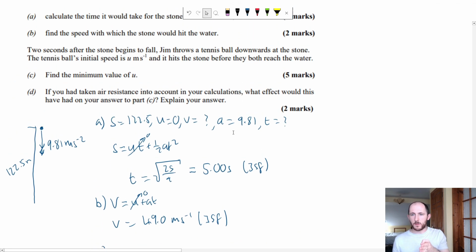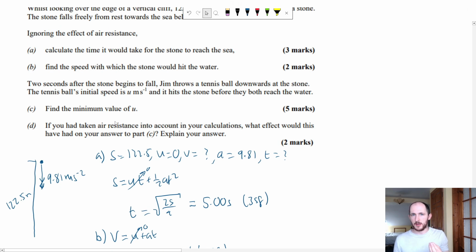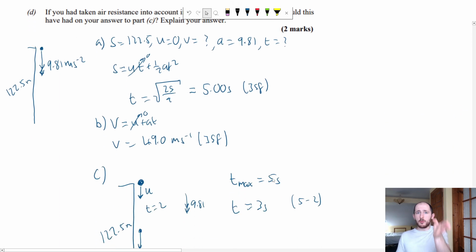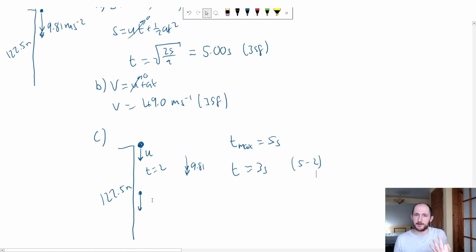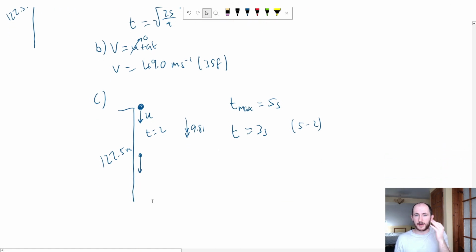So again, that's why it says find the minimum value of U, because the absolute longest it could take is 5 seconds. So the idea is that the tennis ball hits the stone and the water at pretty much the same time, a fraction of a second right before. Because the tennis ball gets thrown down 2 seconds after, it only has 3 seconds to cover that distance. So again, can you see the longest possible time is when they both hit each other right before they hit the water.